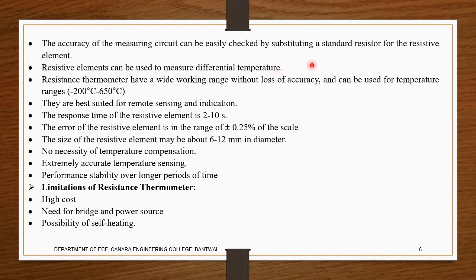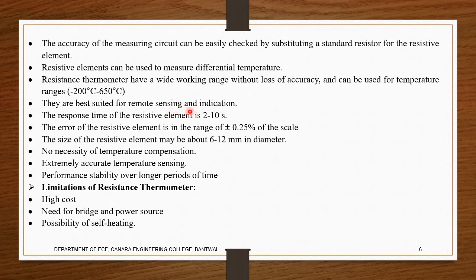We can check with two elements and find a difference, or even for different conditions. The resistance thermometer has a wide working range without loss of accuracy and can be used for temperatures ranging from minus 200 degrees Celsius to 650 degrees Celsius. They are best suited for remote sensing and indication.